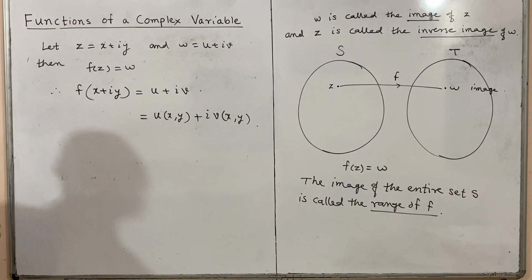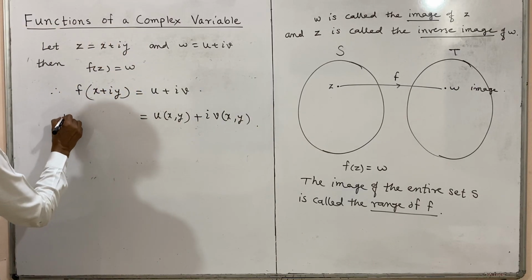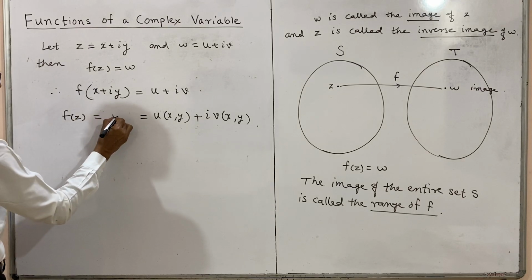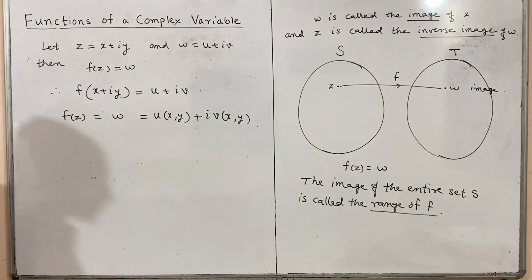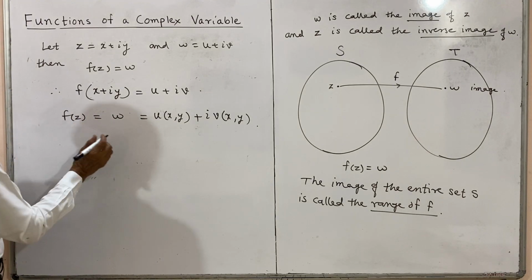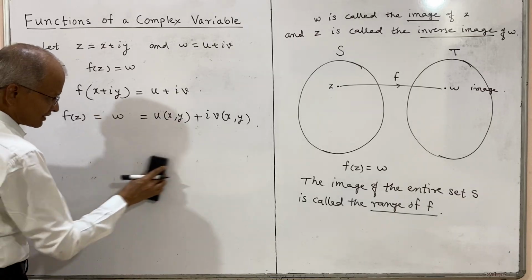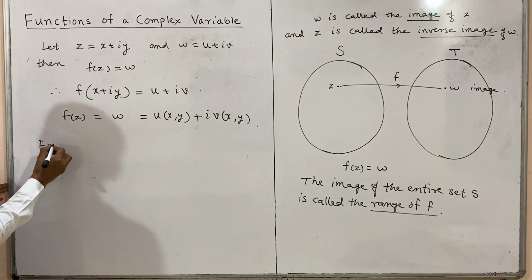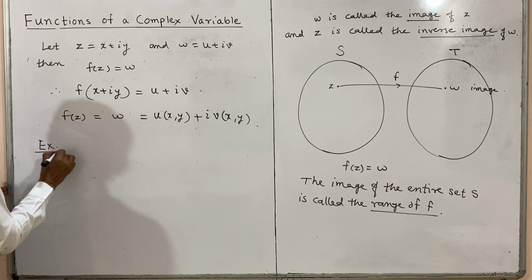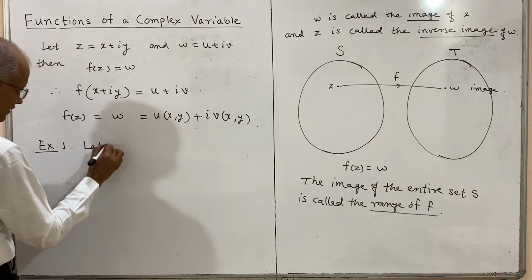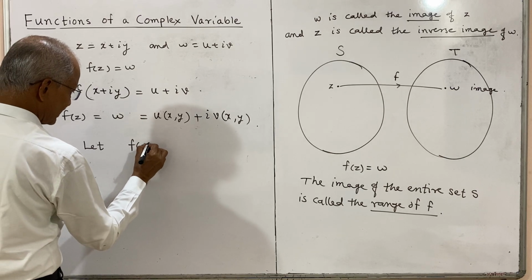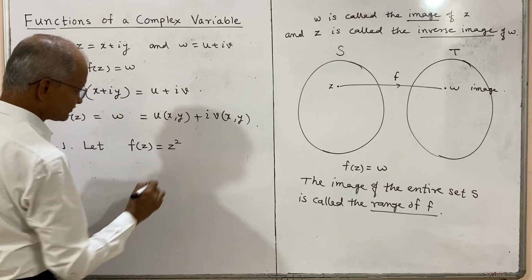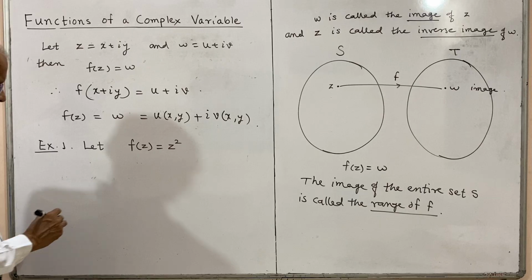Thus f of z is equal to w is written in this form. And now we may consider an example like this. Example: let f of z is equal to z square, or w is equal to z square.